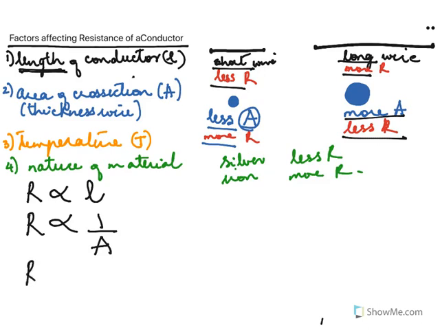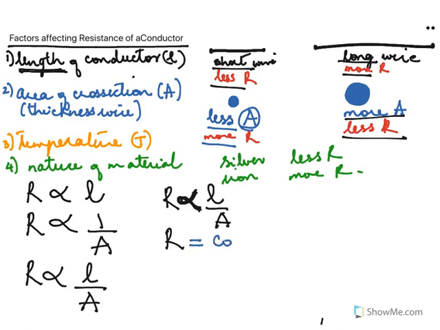If we put both these equations together, we get resistance proportional to L over A. And like last time, if I change this proportional sign to an equal sign, I need to put a constant here.